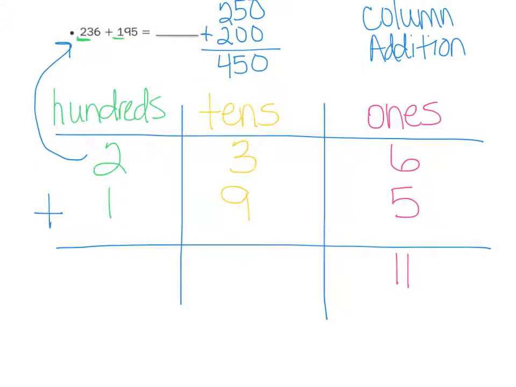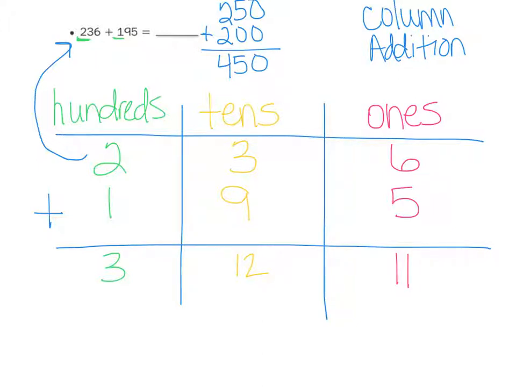So now I'm going to go to my tens, and 3 plus 9 is 12. Okay, and I'm going to leave it there for just a minute. And then my next place value are my hundreds, and 2 plus 1 is 3. Am I done? Nope, because that does not make sense. So I'm going to go back to my ones spot. Can I have 11 ones?